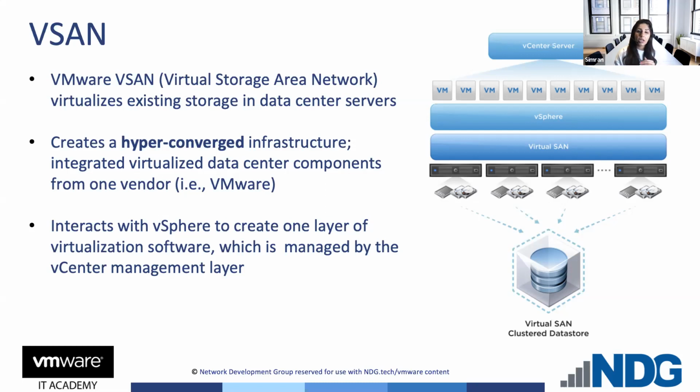So when a customer is buying a rack from Dell, and they're buying an x86 server and installing vSphere, it would come with vSAN as well. Now they wouldn't be able to use it because of licensing issues, which is completely separate.